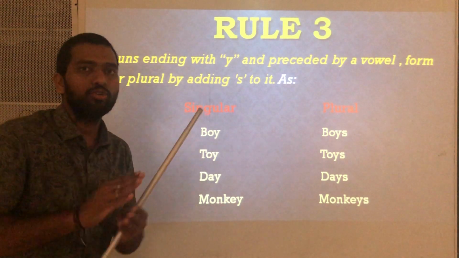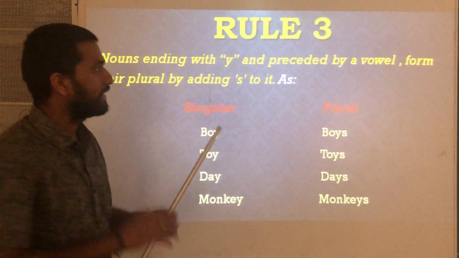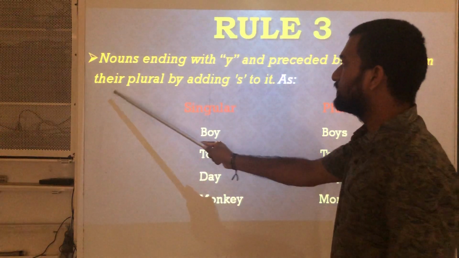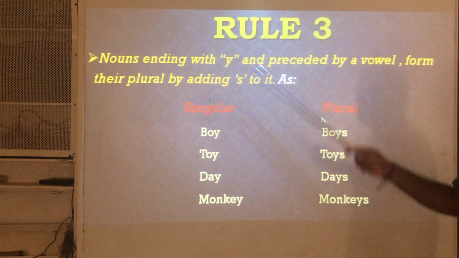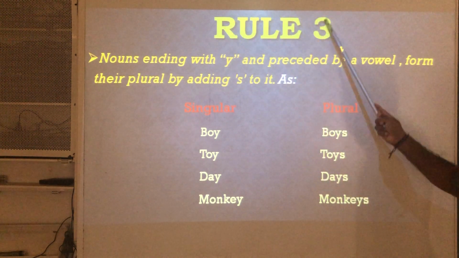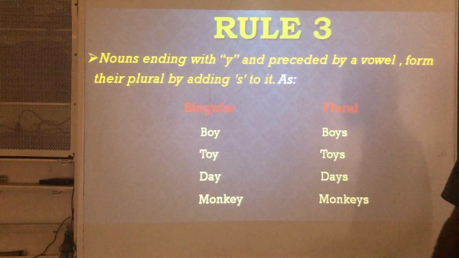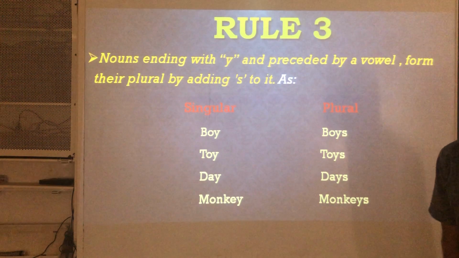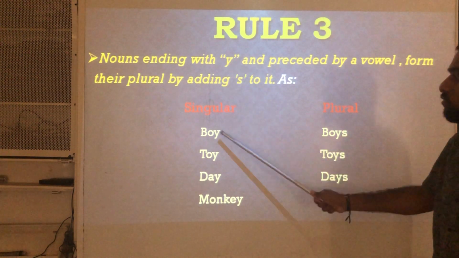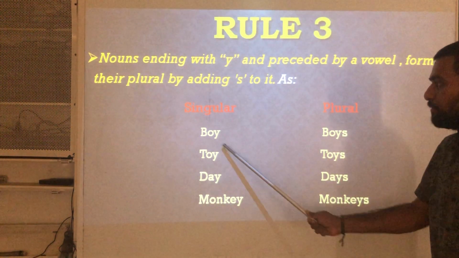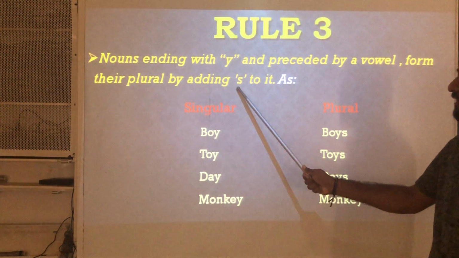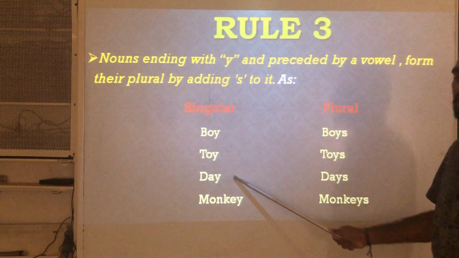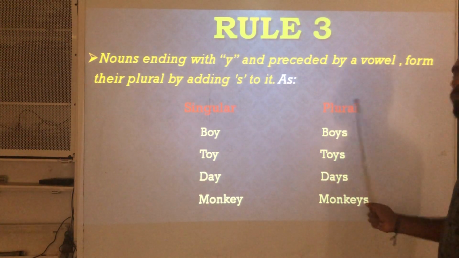Then how to convert it to plural? Let us form the plural by adding s to it. Particularly, this rule 3 refers to the words or nouns which have y as the last letter, and before this letter if any vowel is there, then by adding s at the end we can make plurals.